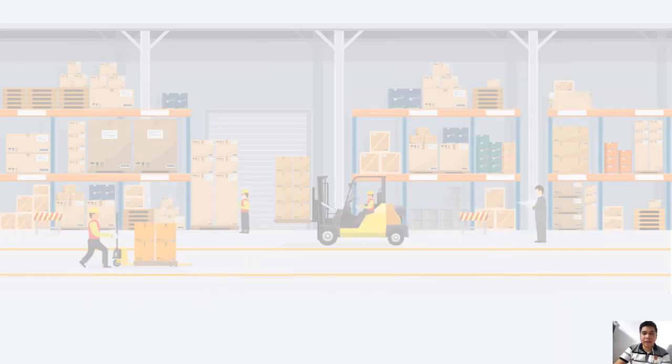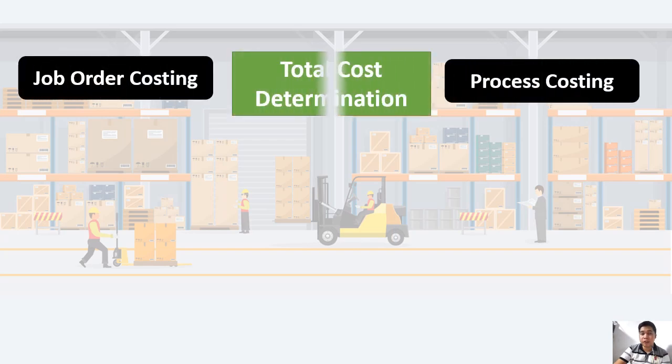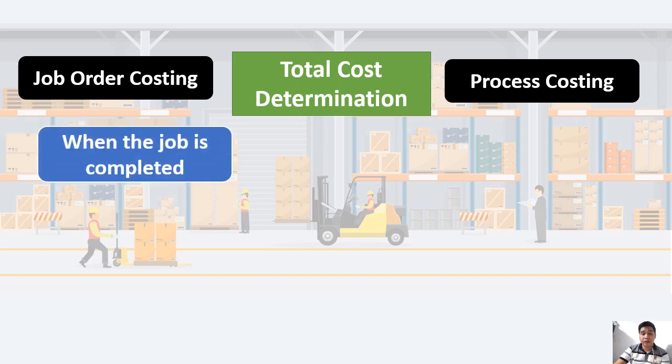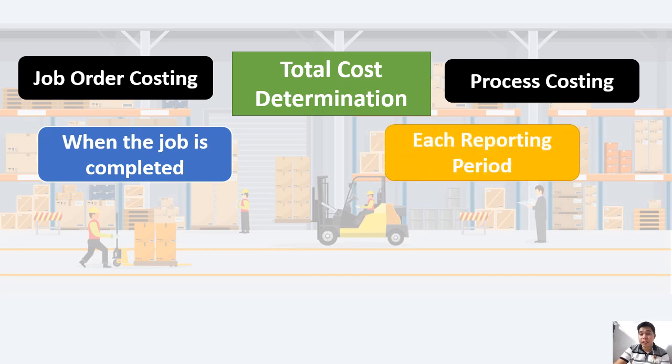Okay, so let's discuss another difference between process and job order, which is actually the determination of the total cost. So sa job order, nade-determine natin ang total cost when the job is completed. However, in process costing, kailangan nating i-determine ang total cost each time na magkakaroon po tayo ng tinatawag natin na reporting period. So ang reporting period pwede yan maging annually, semi-annually, quarterly, or kaya naman yung pinaka ginagamit is yung monthly para onti lang yung data.